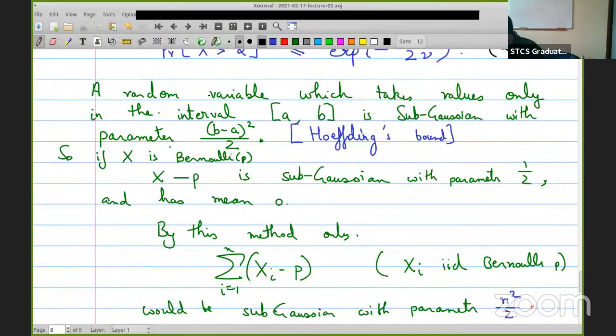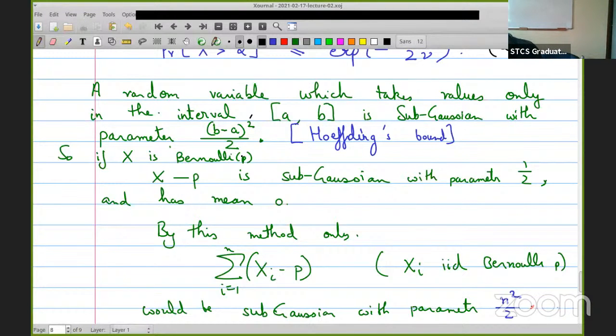But the point is that any such variable will be sub-Gaussian with parameter (b minus a)² by 2, something that depends only upon the size of this interval. Actually, the correct thing is 4 here, so you get even better than this. The proof I will do, I think we only get 2, but you can do something slightly better to get 4.